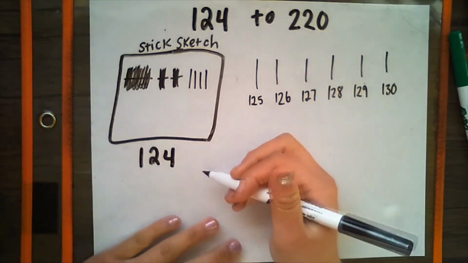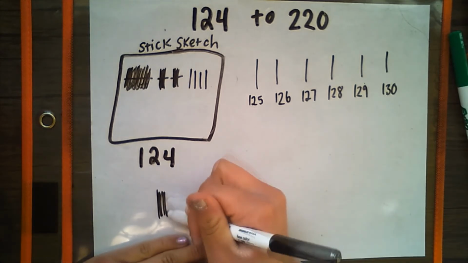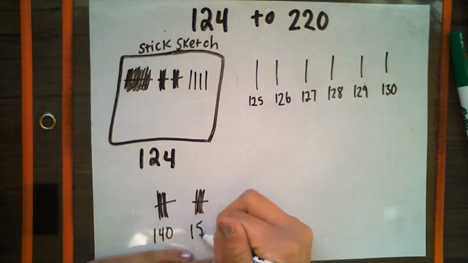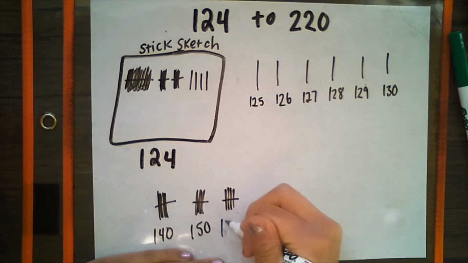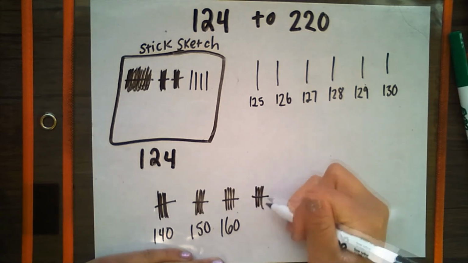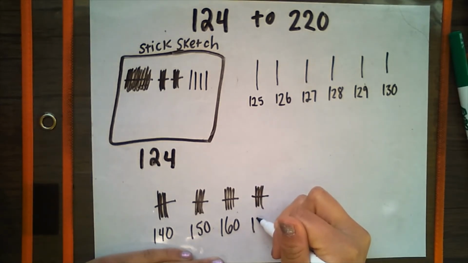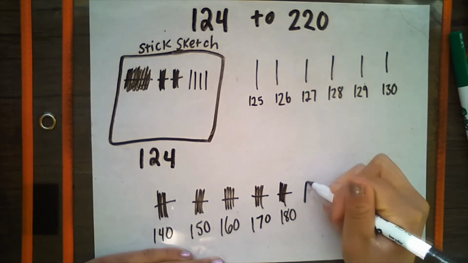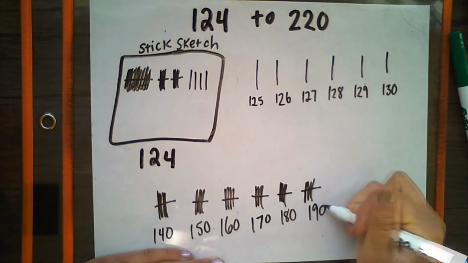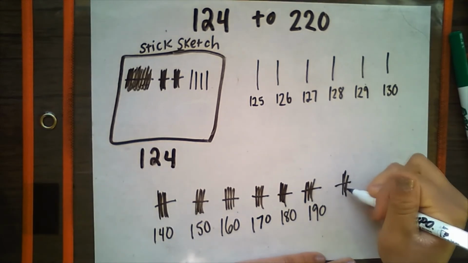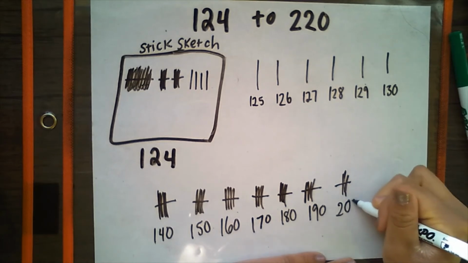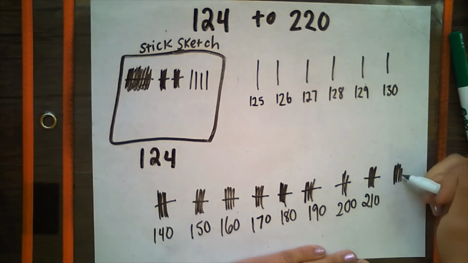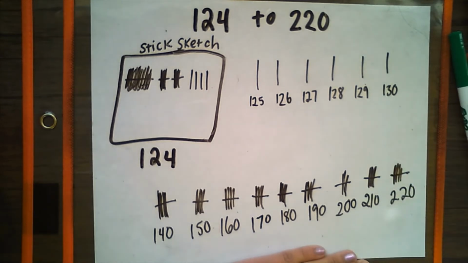So we have 130. Now we're going to do 140, 150, 160, 170, 180, oh, I'm running out of room, 190, 200, 210, 220.